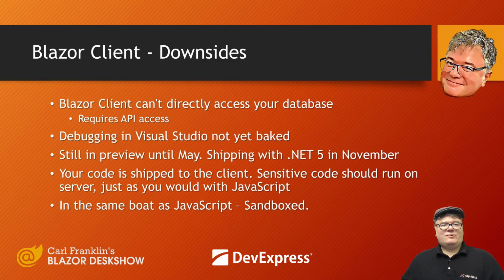And here's the thing, I also say your code is shipped to the client, they can see it. If they want to decompile your assemblies, they can. But the same issue exists with JavaScript. Now, you can minify JavaScript, which makes it hard to read, and you can also obfuscate DLLs that are sent to the client, which makes it very difficult to understand.